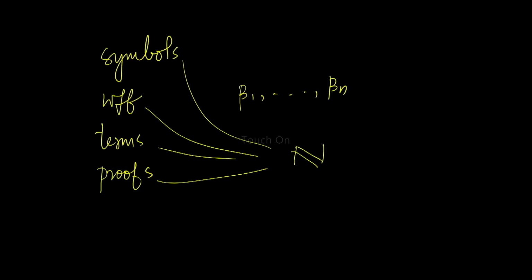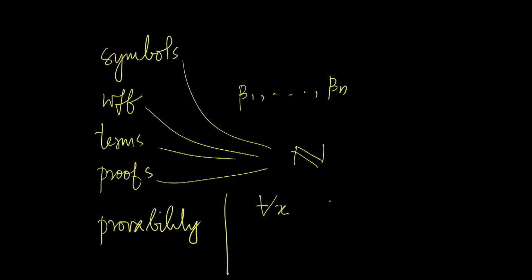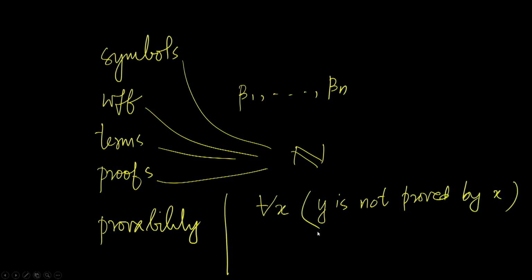Therefore, we can have statements that are talking about provability. Roughly, when you have a statement which says that for every x, y is not proved by x, in other words, for every x, x is not a proof of y, it is essentially asserting that y is not provable.